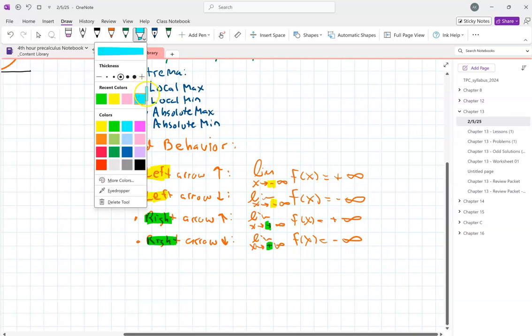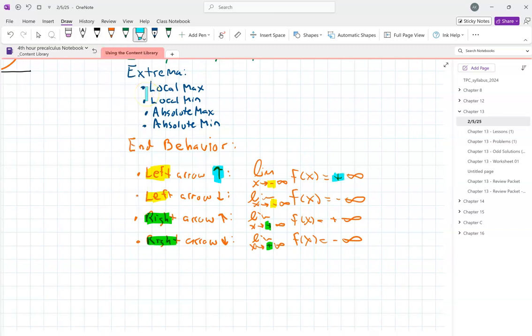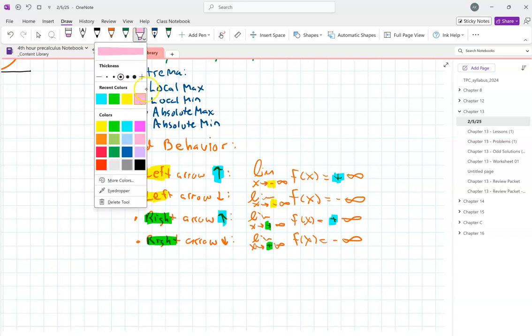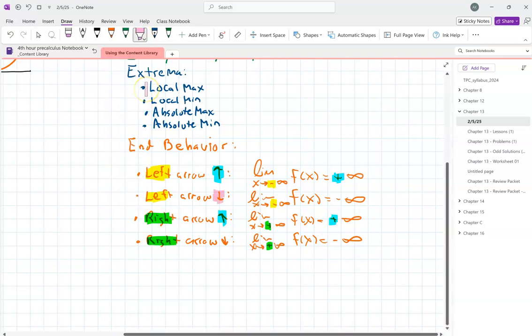If we're talking about up, it's a positive sign on that infinity. And if we're talking about down, it's a negative sign on that infinity. Does everybody feel good about the pattern going on?